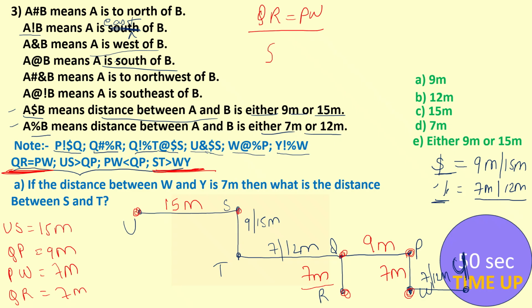What they have given is ST is greater than WY. Okay. So this is also over, right? So ST is greater than WY. Now ST distance is 9 or 15, and WY distance is 7 or 12.